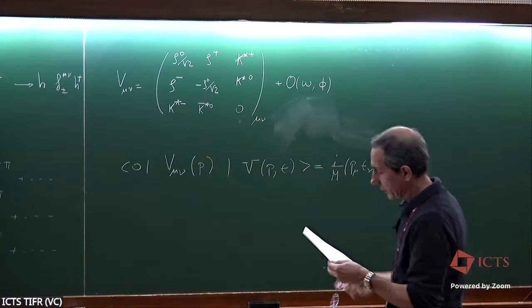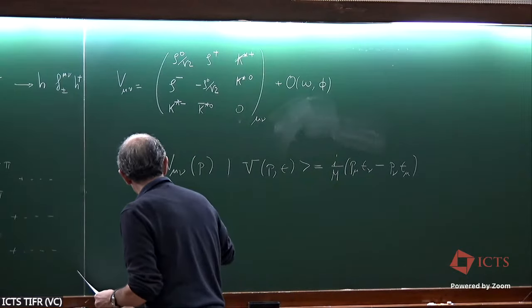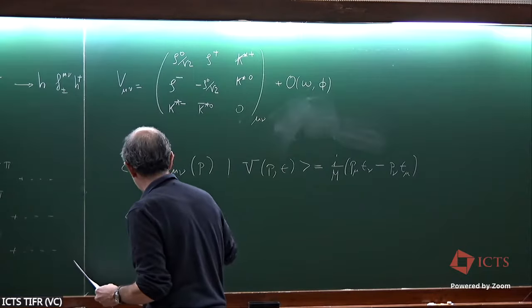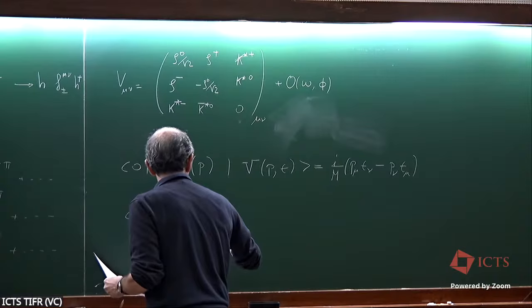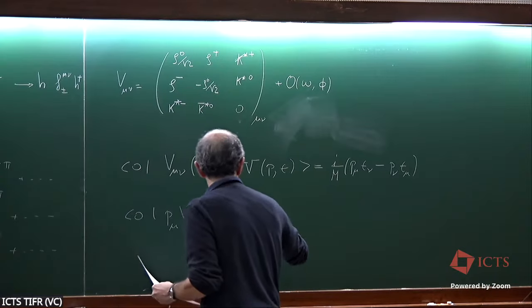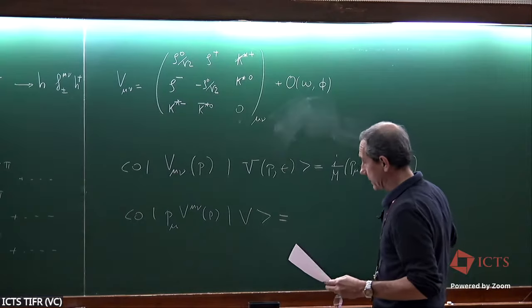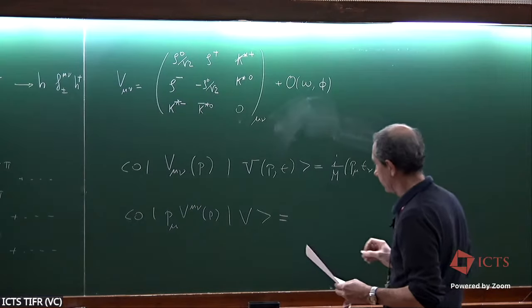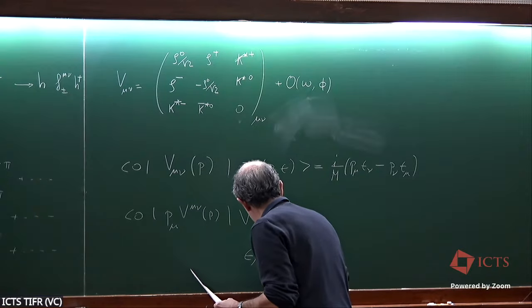You see here, for instance, if I take P mu and act on my vector state, then P mu epsilon mu is 0, because this state still satisfies that.